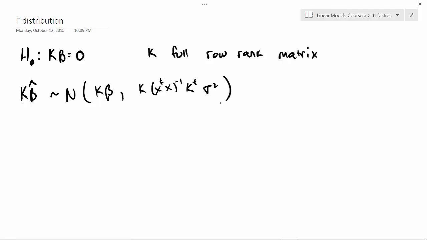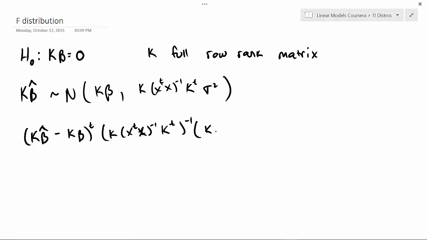Now I can construct a chi-squared out of K beta hat very easily. Let's take K beta hat minus K beta, its mean, transposed, and then simply times the inverse of its variance matrix, K (X transpose X) inverse K transpose inverse, times K beta hat minus K beta.